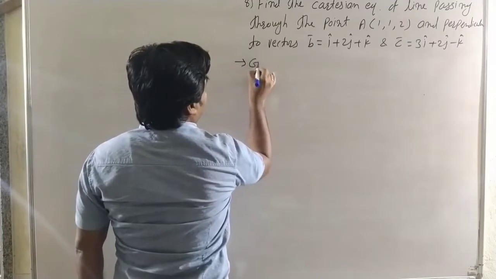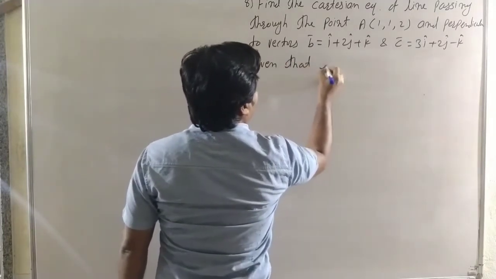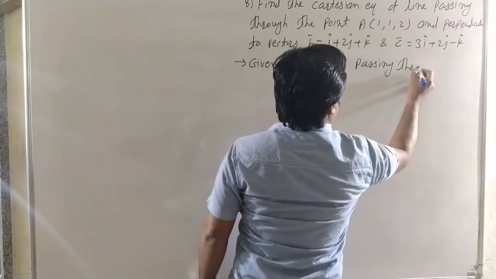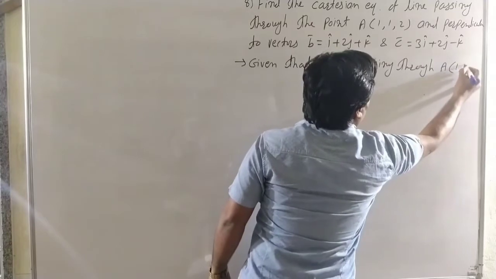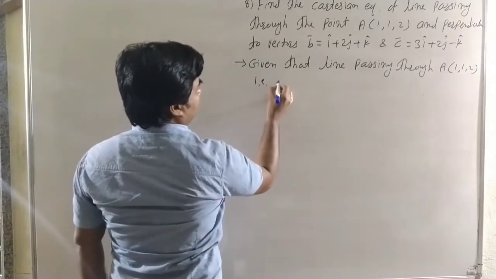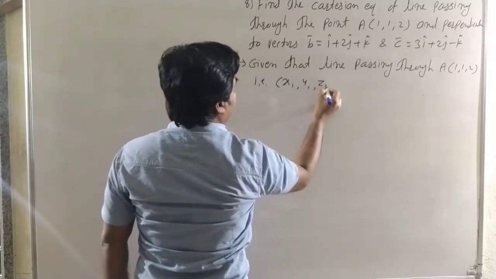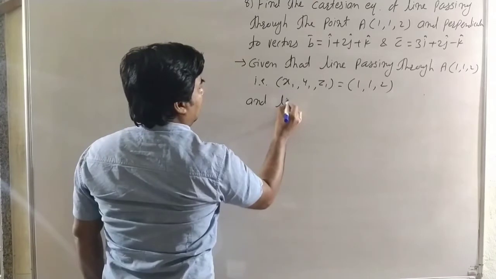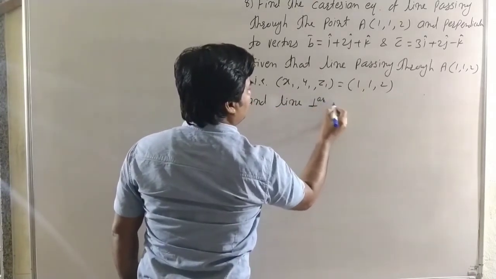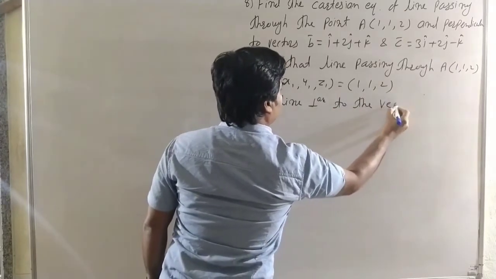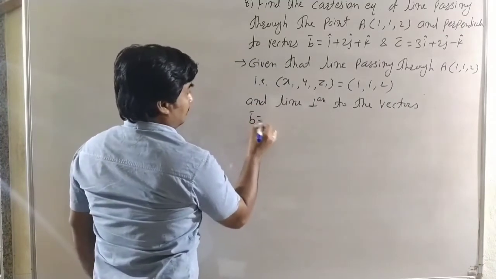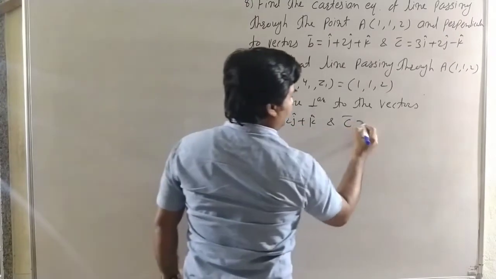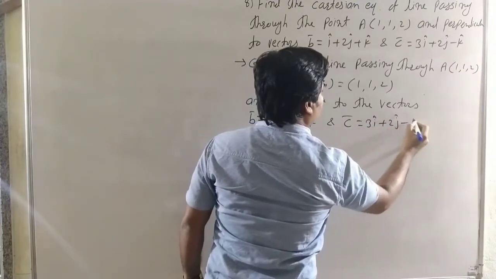Here the line passes through the point A(1, 1, 2), that is x1, y1 and z1 are 1, 1 and 2, and the line is perpendicular to the vectors B bar = i cap plus 2j cap plus k cap and C bar = 3i cap plus 2j cap minus k cap.